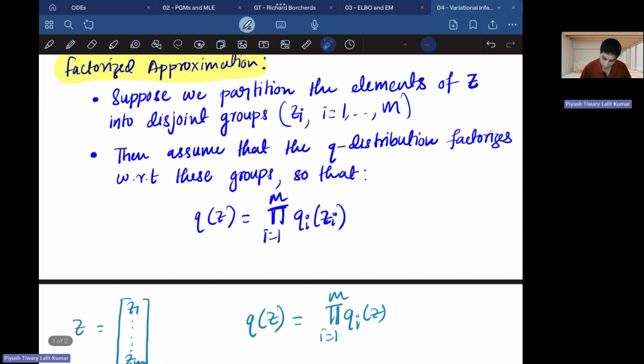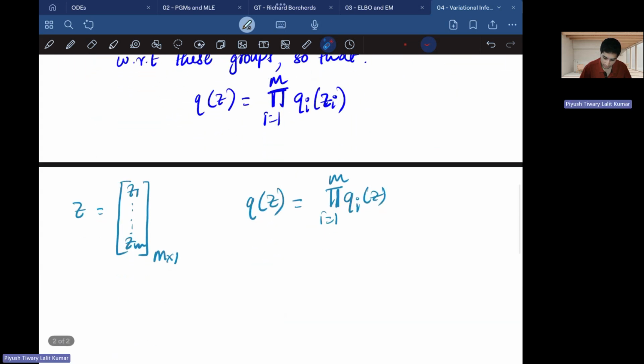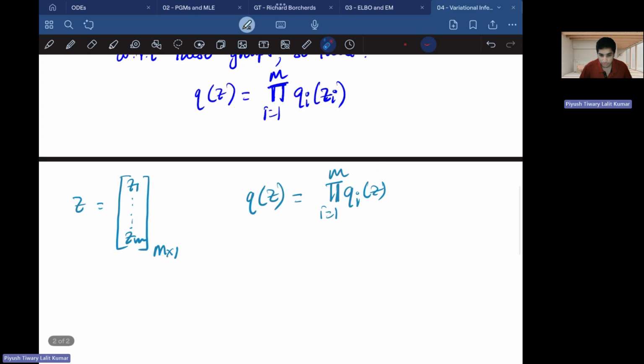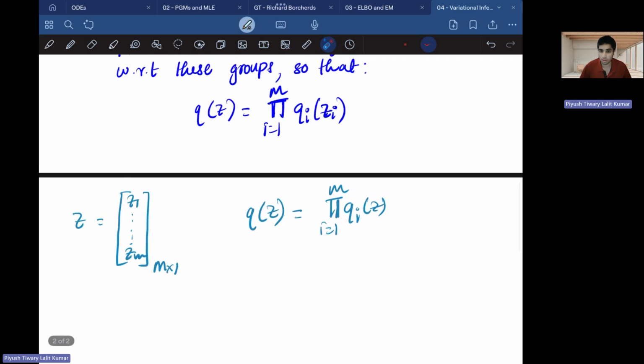That is what we mean by partitioning the elements of Z into disjoint groups. It need not be a single element and then taking the product of the distributions. It could be clubbing a lot of vector elements and then taking the product. That is also completely fine. So this is one example of the said approximation, right?